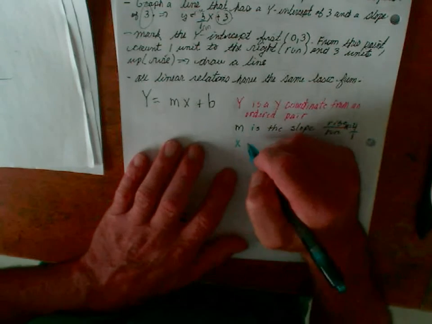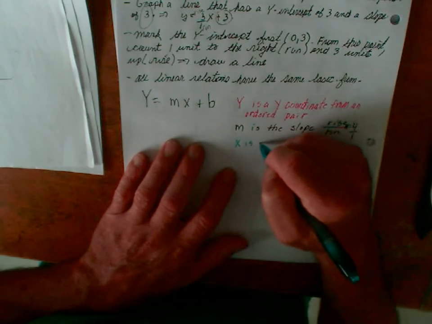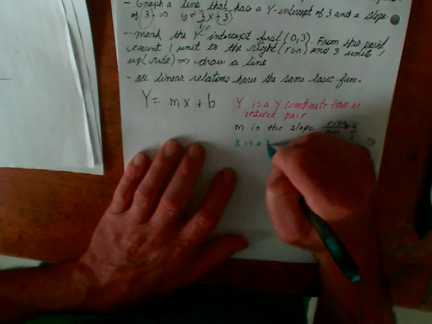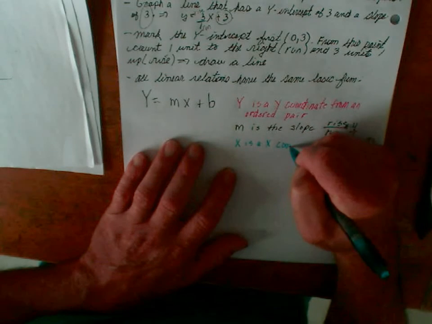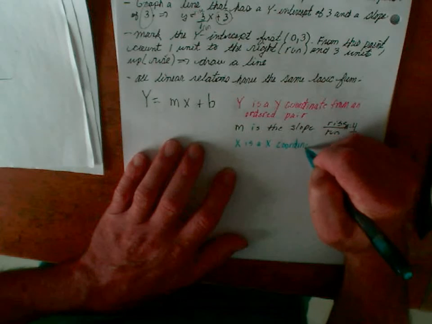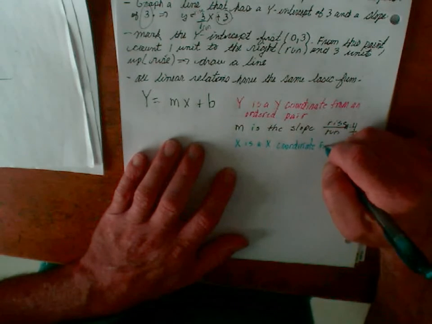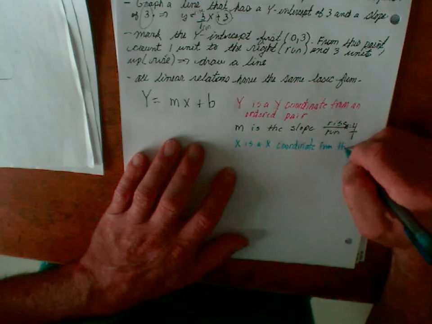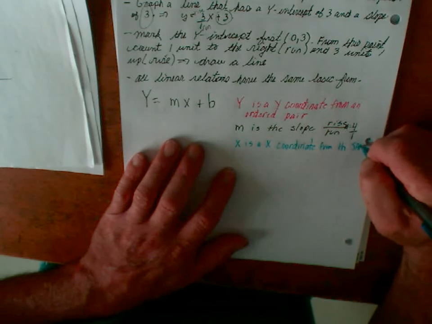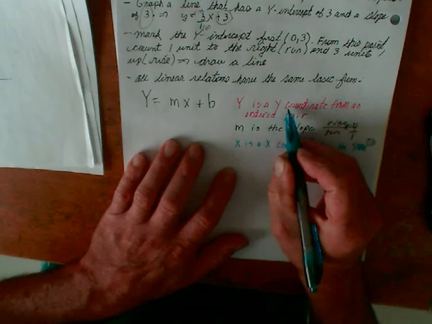x is an x coordinate from the same ordered pair as the y.